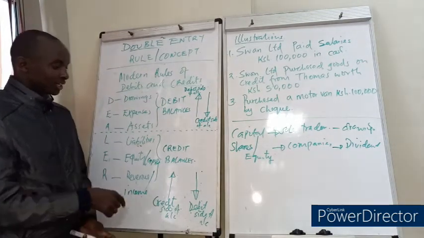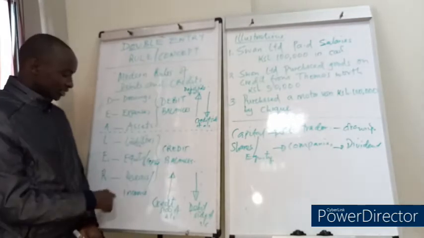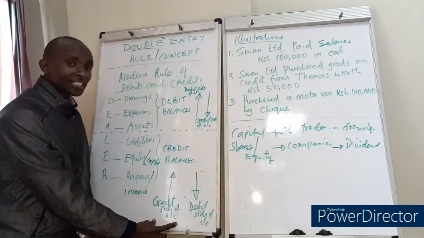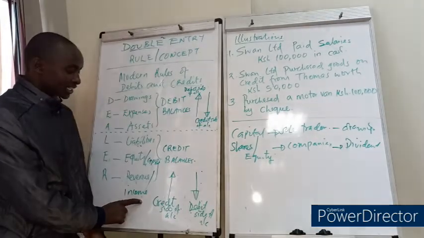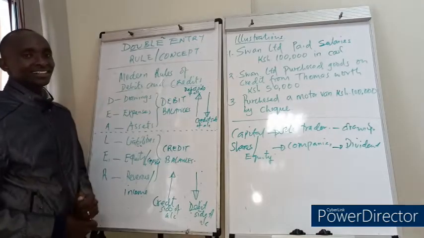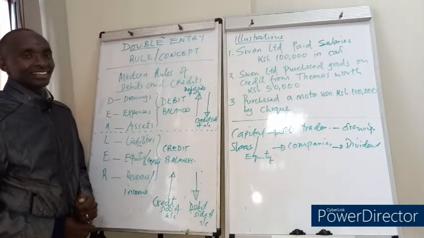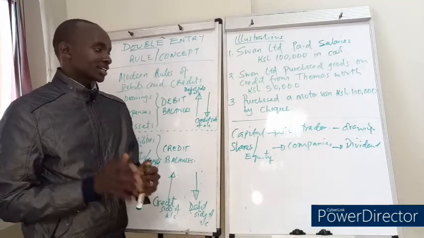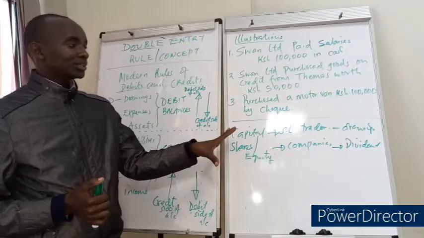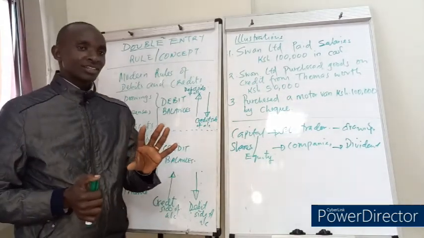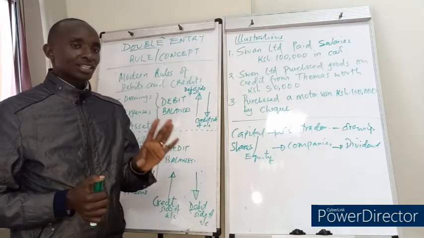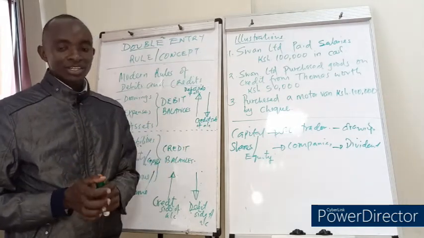All incomes have got credit balances. If you want to increase incomes, you increase on the credit side, and if you want to decrease incomes, you decrease on the debit side. This will sound like rocket science, but when we do a practical example, an illustration, you will understand it very well.